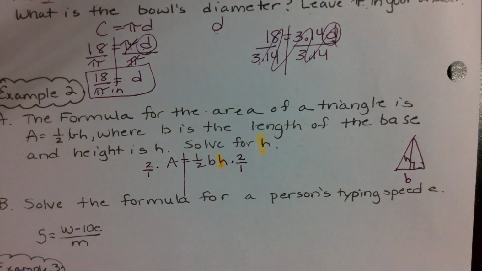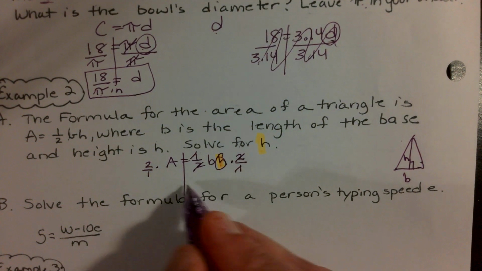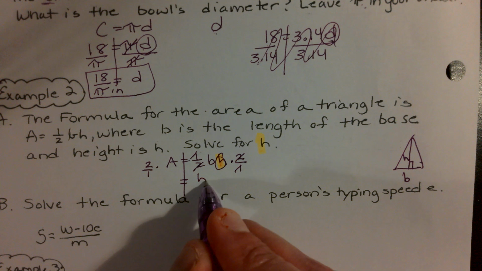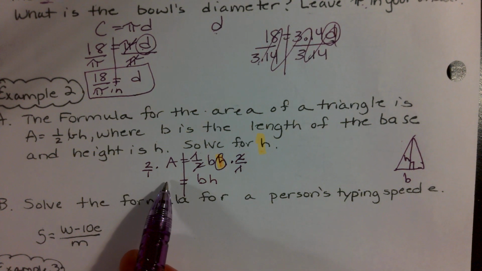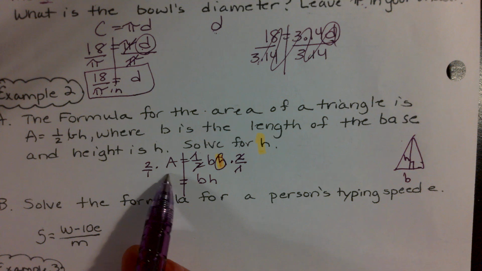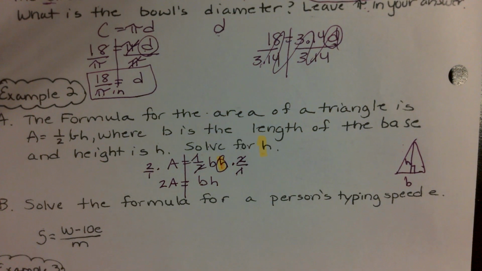Oops, I forgot to draw my line and locate my variable. Sorry about that. The 2's cancel. 1's cancel. We are left with b, h. What do we have over here? Well, the 1's in the bottom and the a is over 1, too, so you just have the 2a. That's fine. I don't need to have numbers in those spots.